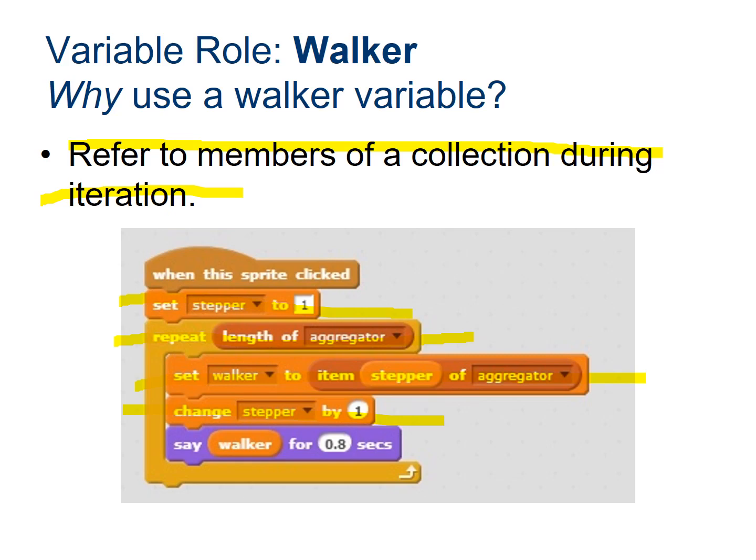We still haven't reached the end of our list, so now our walker is no longer going to store Pikachu. Now we're going to set the walker to be Charizard, because maybe that's our second Pokemon. And then we change stepper by 1, number 3, and then we say what the walker is, we say Charizard, and then we go back to the same repeat statement, and then go ahead and announce what the next Pokemon was that we collected.